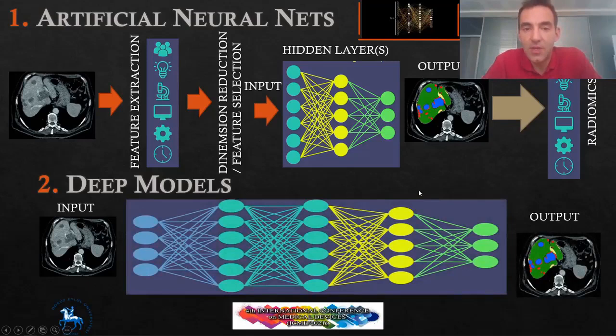Now, the interesting point here from the optimization point of view is that deep models have more hidden layers compared to artificial neural nets. And before the hidden layers, features are extracted internally by the deep models. They usually extract many more features than we extract in the artificial neural network case.